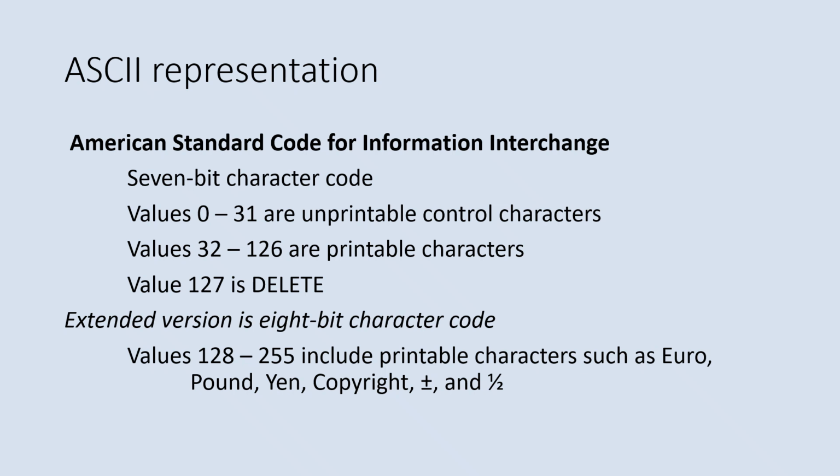A few of these numbers aren't used, but characters such as the euro symbol, the pound, the copyright, the plus or minus symbol, fractions like 1/2 and 3/4, and a bunch of other special characters, accents in various ways, and so on, are included in this extended version. And then there are other kinds of character encodings that are possible for other situations, but we're just going to focus on the standard ASCII 0 to 127 in what we're talking about now.